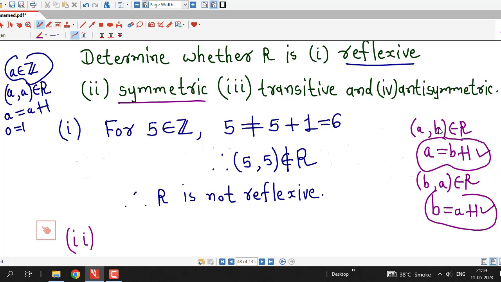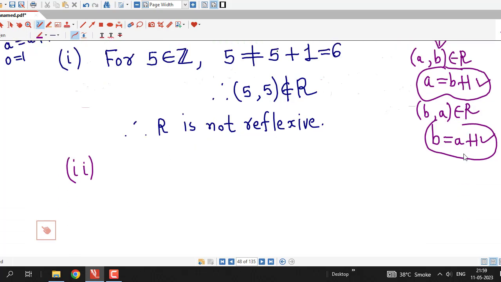So we have to think of particular elements. We have to find particular values of a and b such that (a, b) belongs to R but (b, a) is not in R. Suppose I consider b = 0, then a will be 1. We consider b = 0 and a = 1, that is a = b + 1 = 0 + 1.